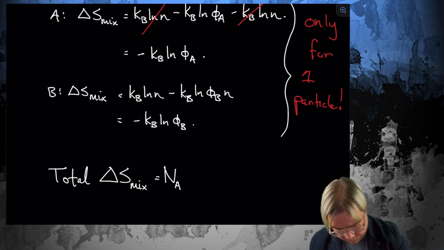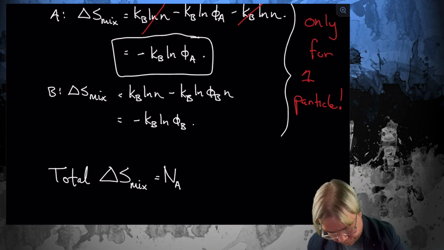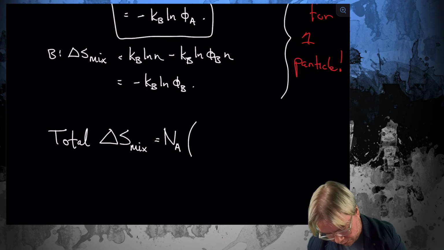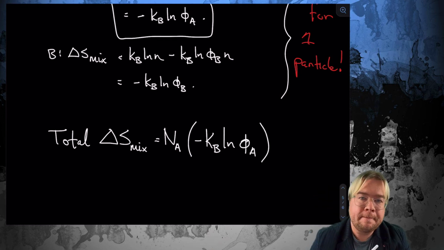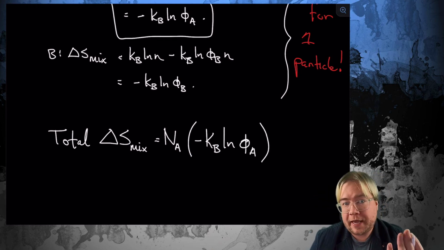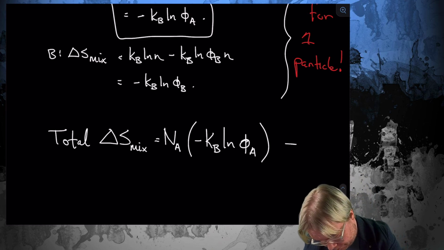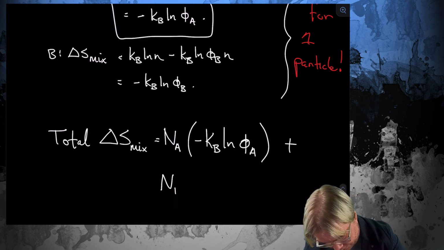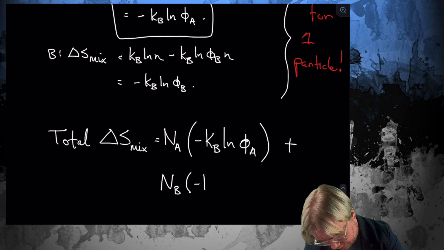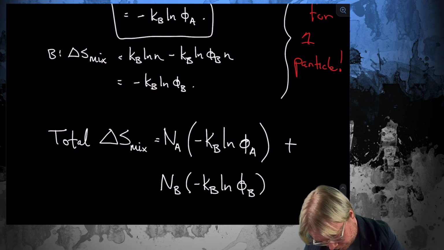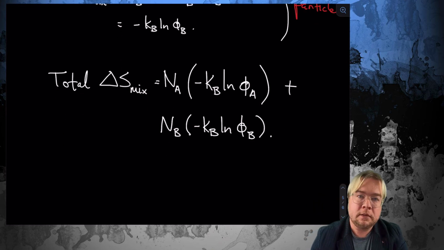So that was this. So number of A particles times minus KB log of phi A. That takes care of the A component. And then plus NB times how much the entropy changes for a single B particle to be mixed.